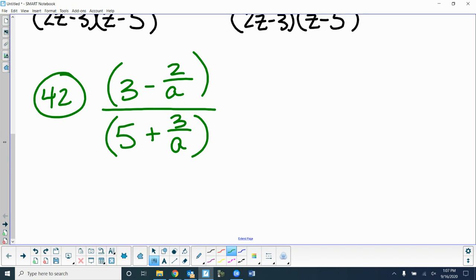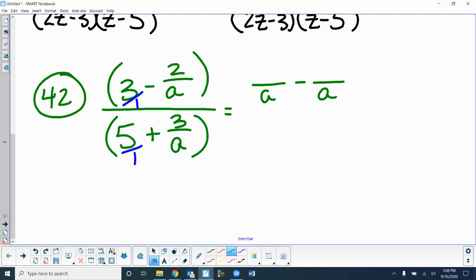Okay, so remember, I could write 3 as 3 over 1, and 5 is 5 over 1, right? So can I factor either denominator? No? So I write them both down, right? Well, when I write 1 and a down, what do I get? I just get a, don't I? You're supposed to multiply them together.